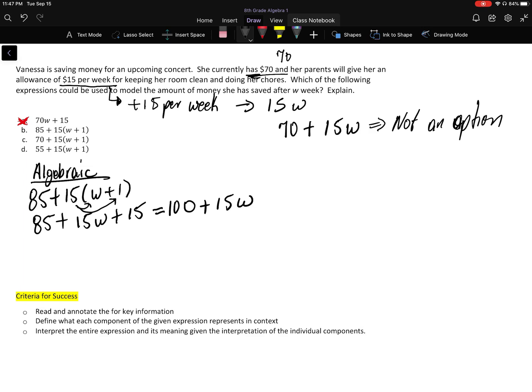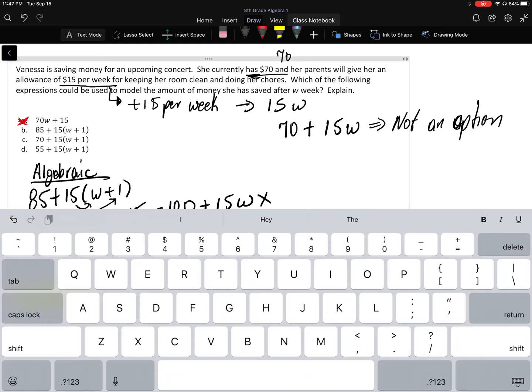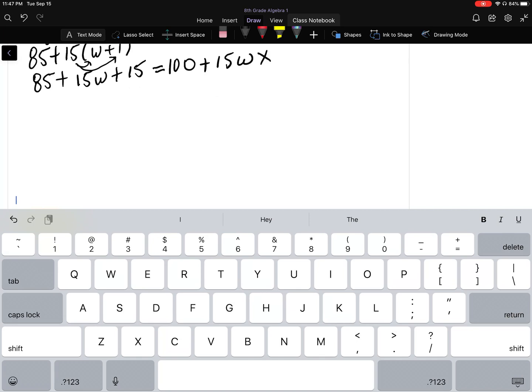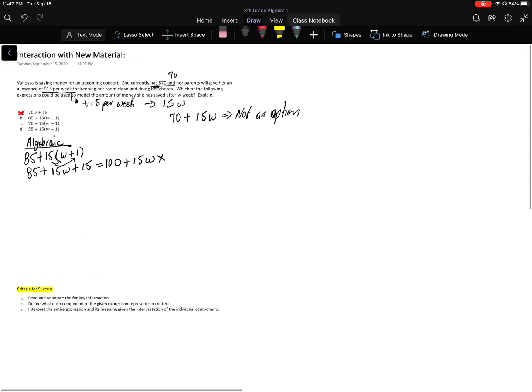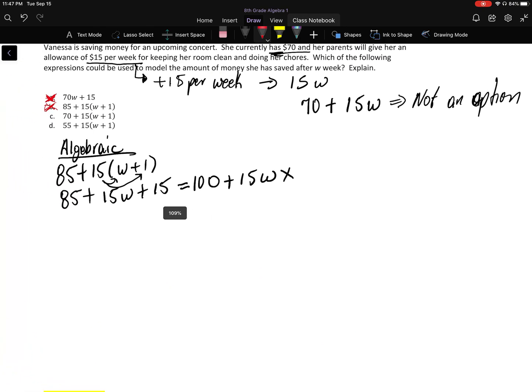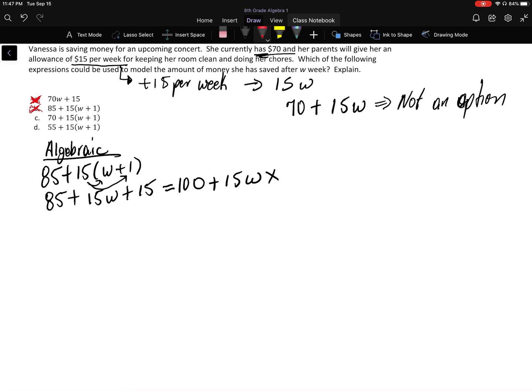So definitely that is not an option. I'm going to work off to the side so we can have space. 100 plus 15W is not an option, so we're going to go back and cross it off. Let me zoom in so you guys can see it. Not an option.